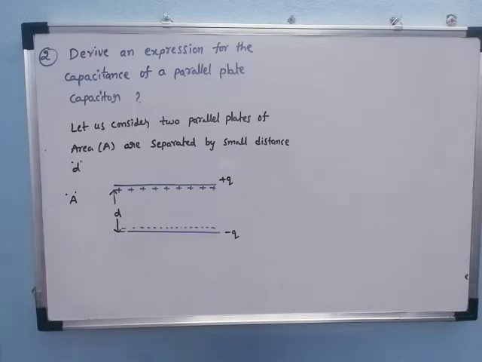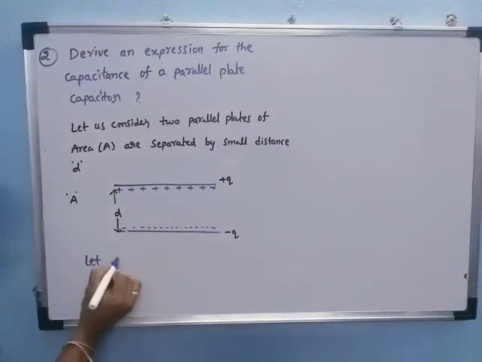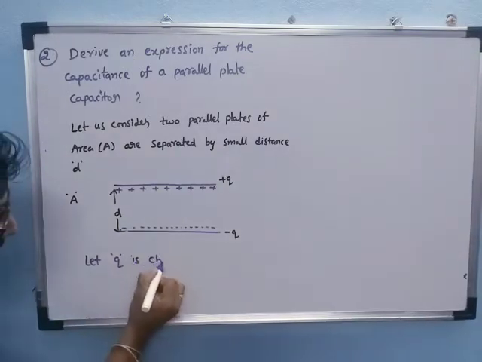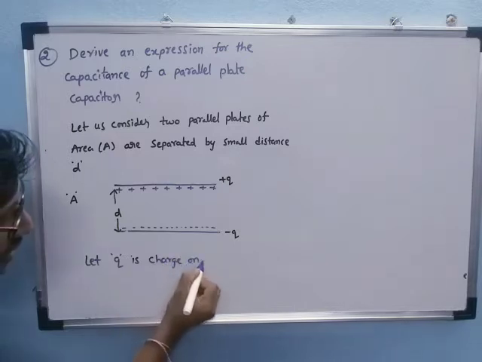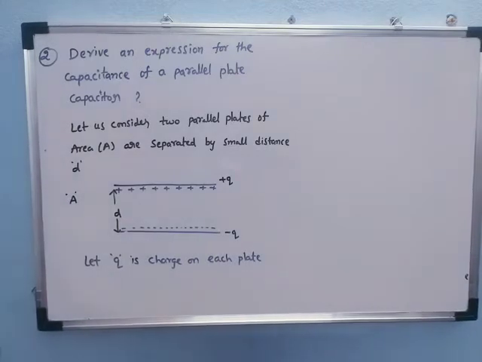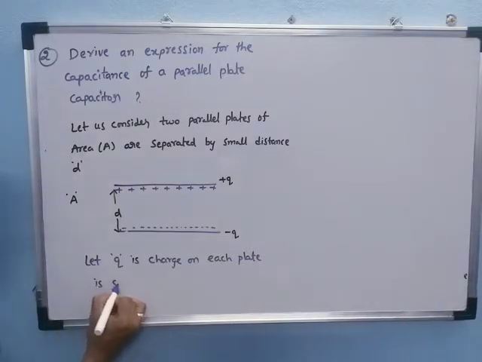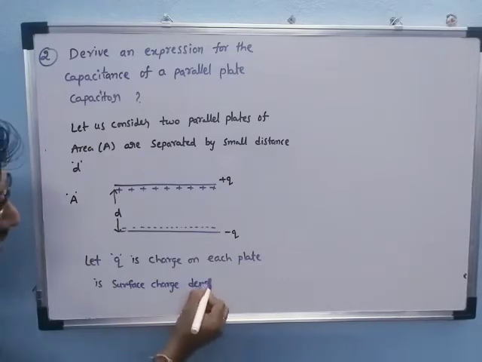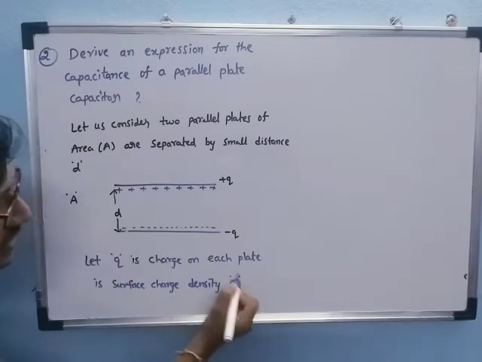Let Q be the charge on each plate. The surface charge density is denoted by sigma.